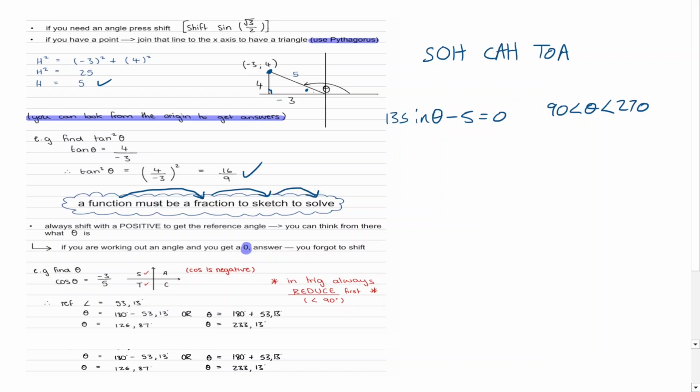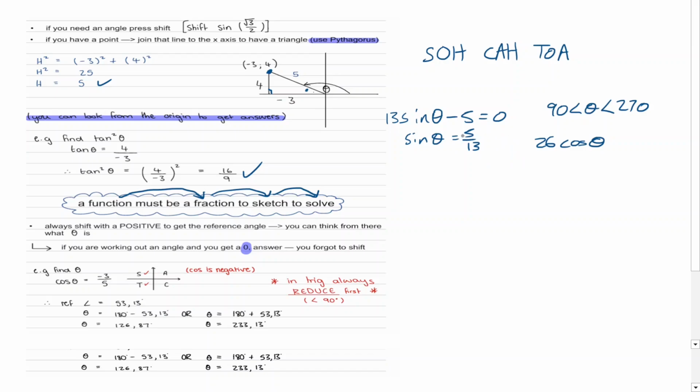So this bubble here is the most important thing other than SOHCAHTOA. If I look at this and I can't use a calculator and I need to find 26 cos theta, then you'd want to take the 5 across, so it becomes +5, and then divide both sides by 13, so it's 5 over 13, because you want a function to become a fraction.